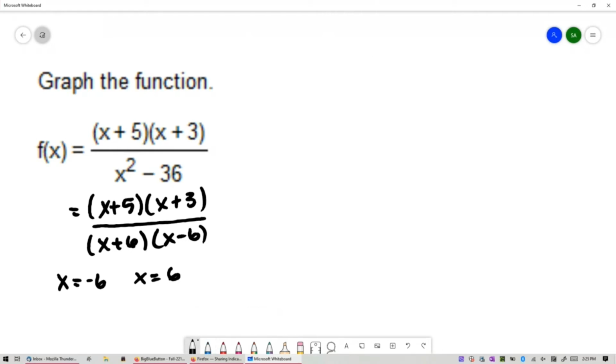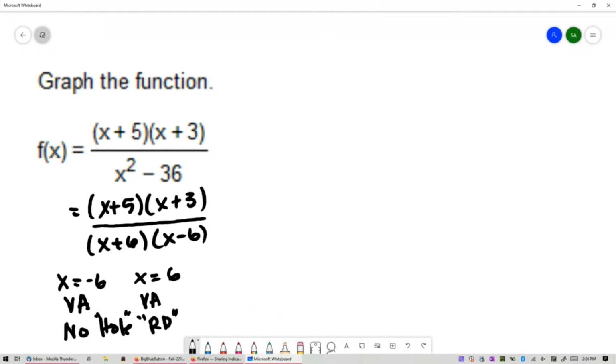So since I don't have a common factor of x plus 6, that means that the restricted value of negative 6 is going to be a vertical asymptote. And there's no common factor of x minus 6 in the numerator either, so x equals 6 is going to be a vertical asymptote as well. So no common factors, no hole or removable discontinuity in the graph, but we do have two vertical asymptotes.